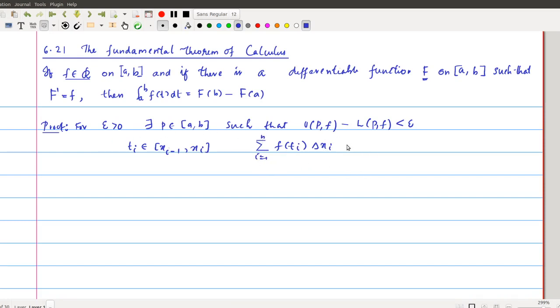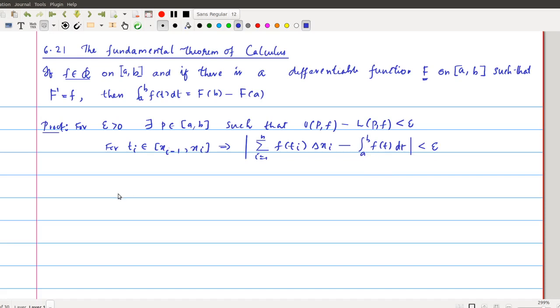This sum tends to the integral; that means this sum minus the integral from a to b of f(t) dt will be less than epsilon, if the condition in 6.6 happens. This is discussed in theorem 6.7. So for any choice of ti from the subinterval, this sum is very close to the integral from a to b of f(t) dt.